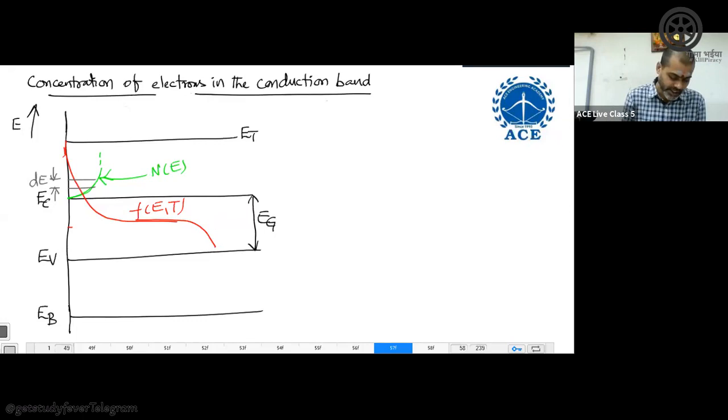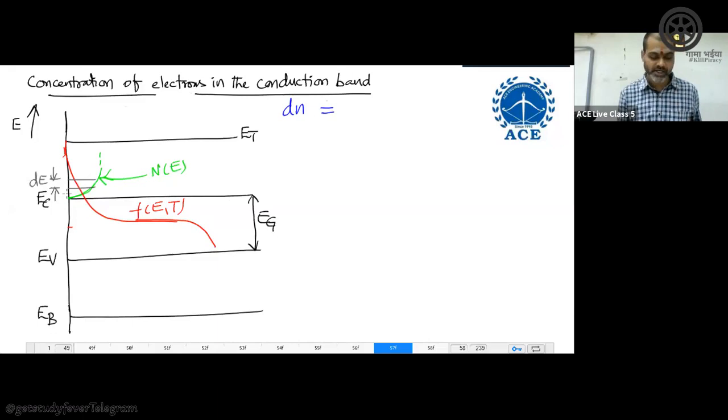So can I write like this now? Because I have considered the differential energy level, the number of electrons that are going to be present is also differential. So dn is equal to, okay, what can I write? Please try to concentrate. This is going to be very simple. If you know simple mathematics, you can easily understand.